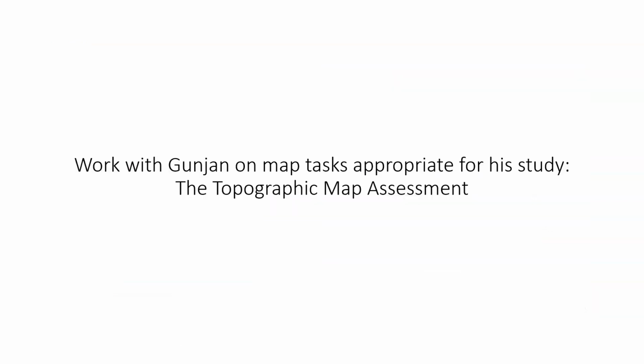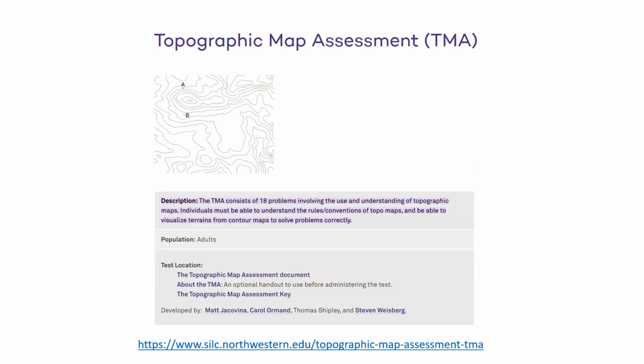Okay, and then this is for Gunjan. Gunjan and I met today, our usual one-on-one. So this is mostly for him. But one of the things that he's working on is trying to figure out how we're going to assess these thermal maps. And one way that we think we can do it is by comparing these things to topographic maps.